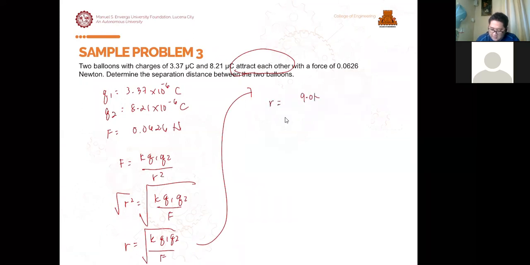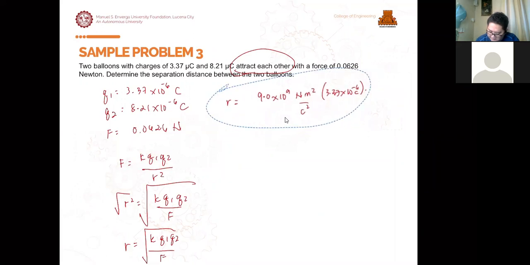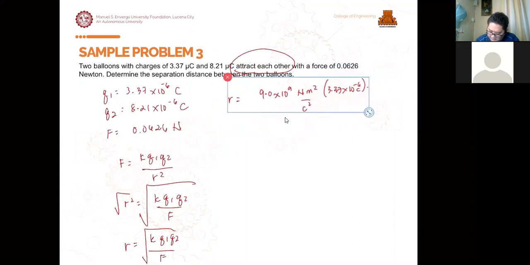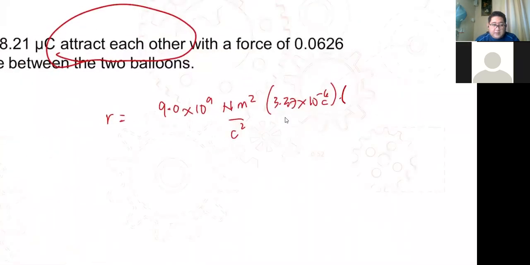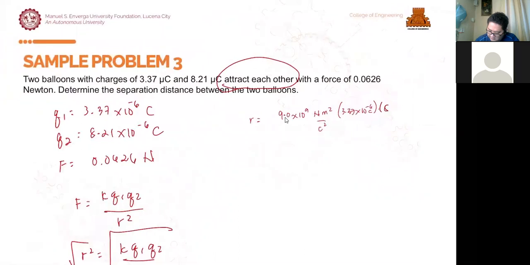We have 9.0 times 10 to the 9 Newton meter squared per Coulomb squared, times 3.37 times 10 to the negative 6 Coulomb, times 8.21 times 10 to the negative 6 Coulomb, all over our force 0.0626 Newton, then square root.